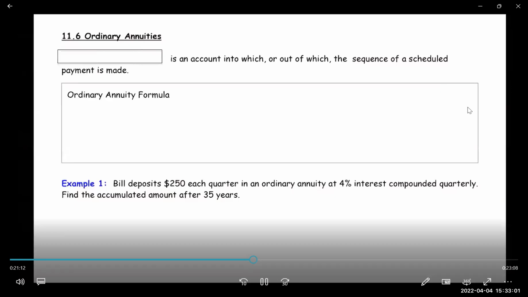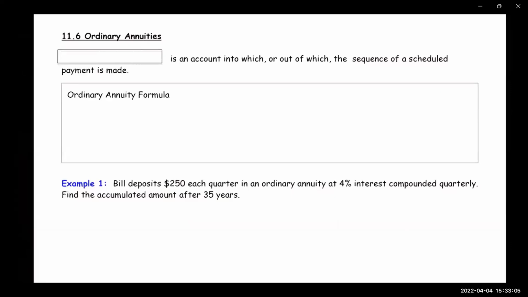All right, after you guys tried the homework. All right, so this is called an ordinary annuity. So an annuity, let's define that. An annuity is an account into which or out of which a sequence of scheduled payments is made. So basically, it's kind of like an investment, and you can invest in an annuity, and then it'll accumulate interest, so it's a form of investment.